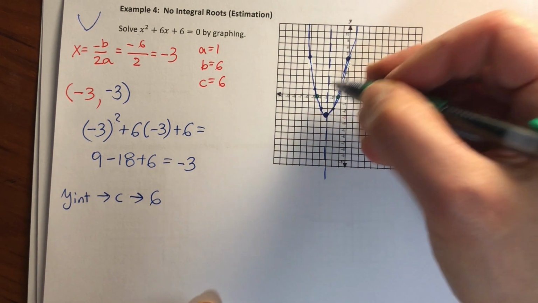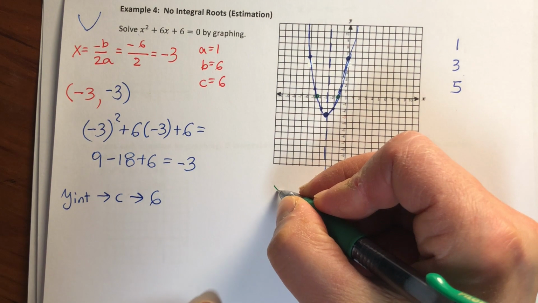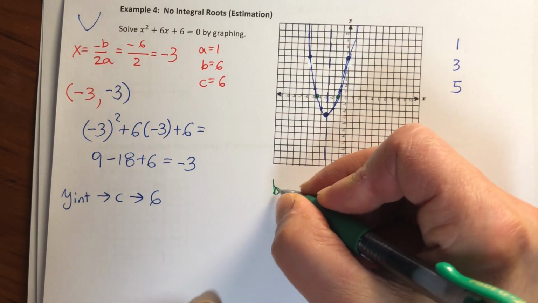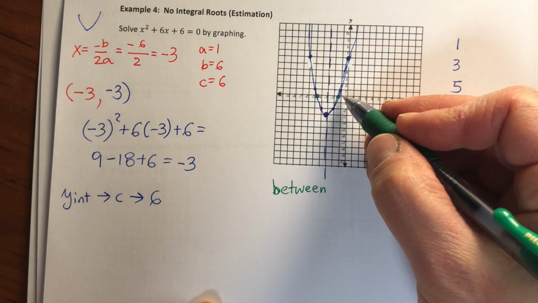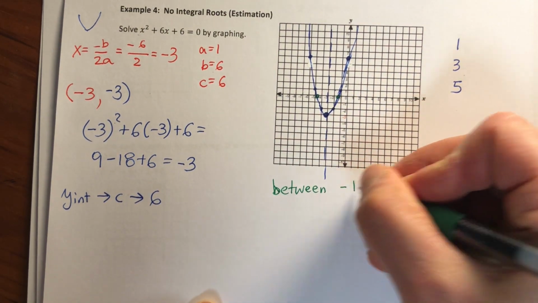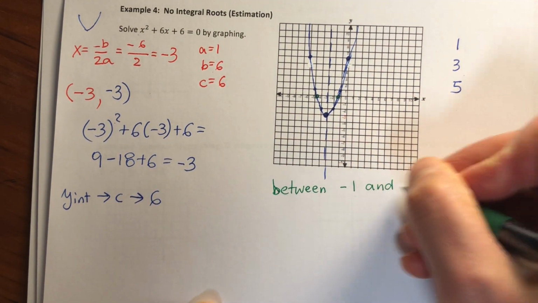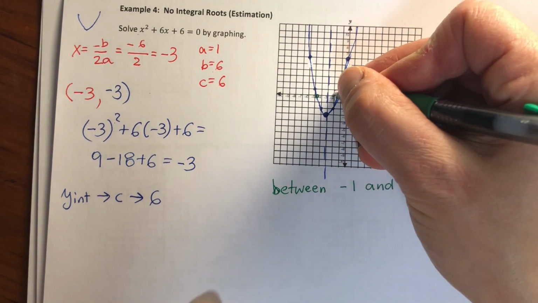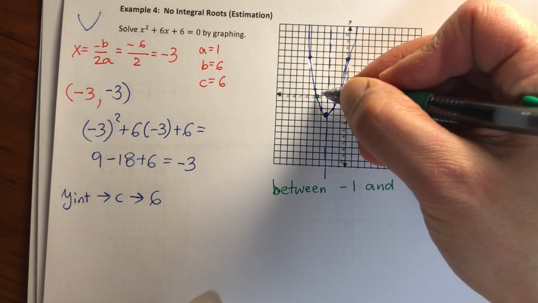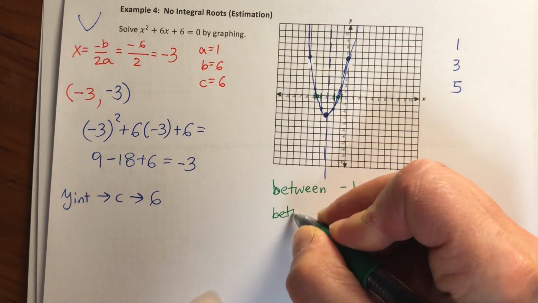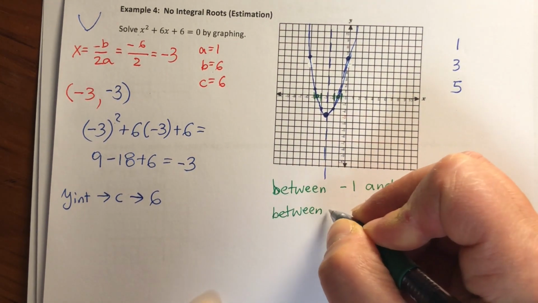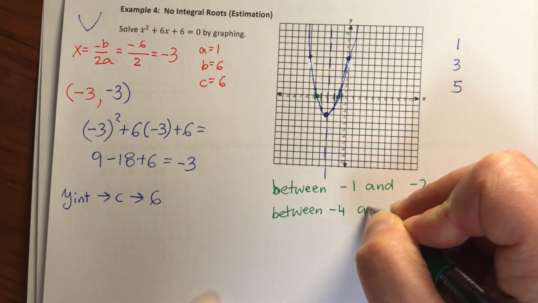So what it means is that my solution is going to be between negative 1 and negative 2, right? Because it's somewhere here. And then there's another one that is between negative 4 and negative 5.